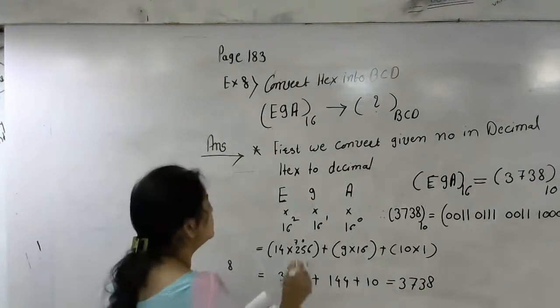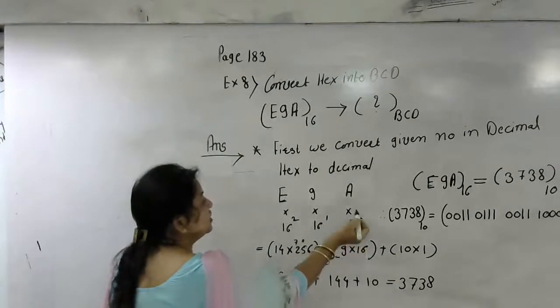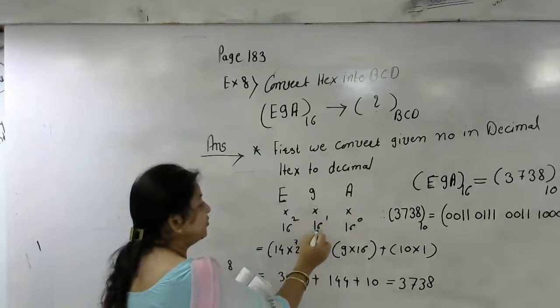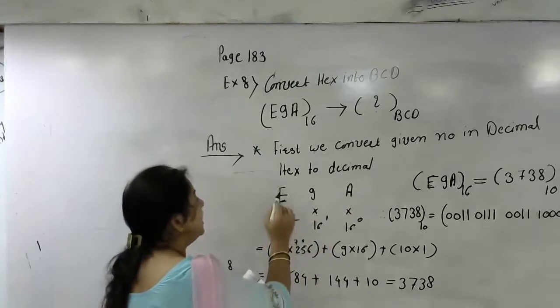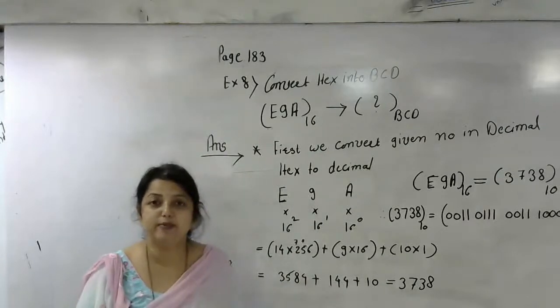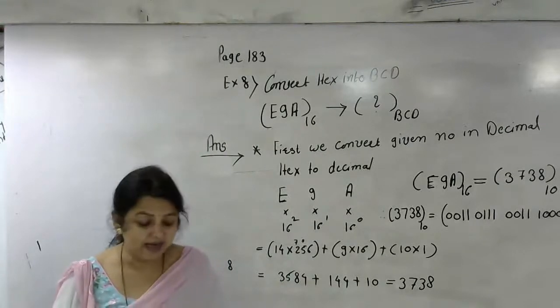In this way, first you convert like this: 16 raised to 0 multiply 11, B is there; 4 as it is, 4 multiply 16 raised to 1; and here 15 multiply 256. In this way, carry on, by a similar method, and get the answer.